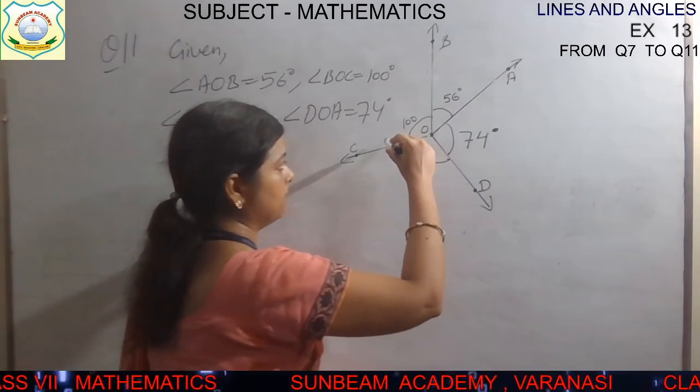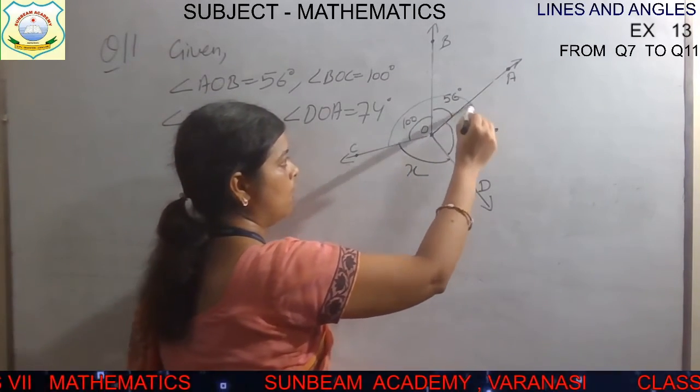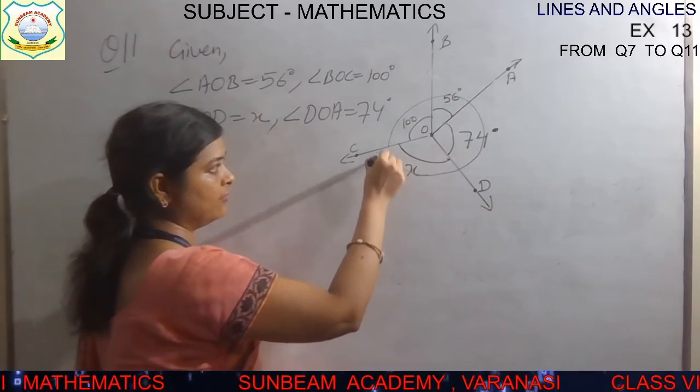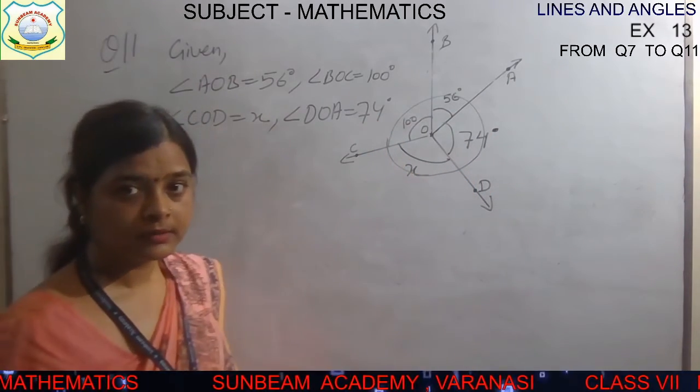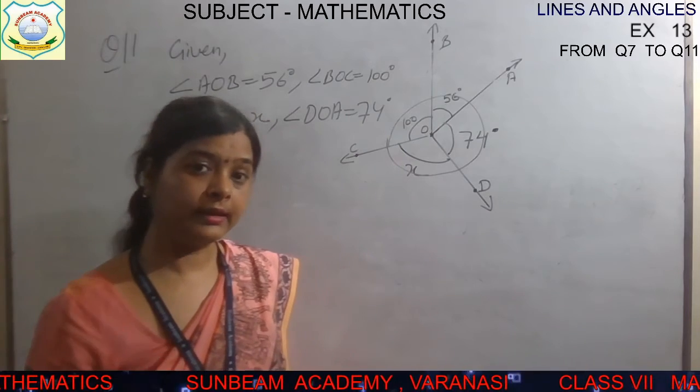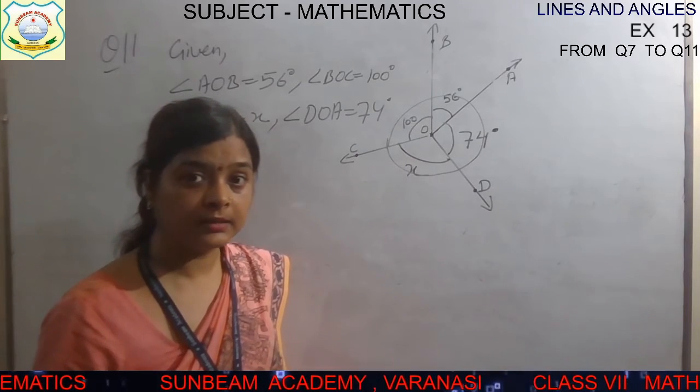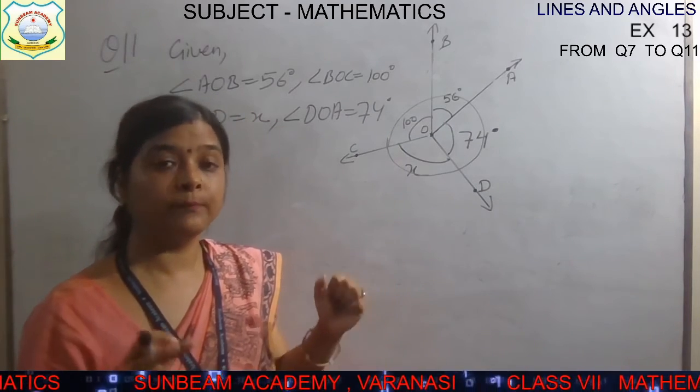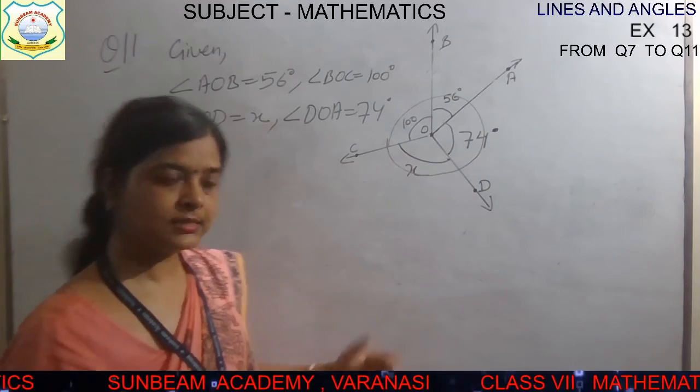Now let's see here, the sum of all angles. If I add all angles, then how much will I get? It's a complete angle, children, and the measure of a complete angle is 360 degree.